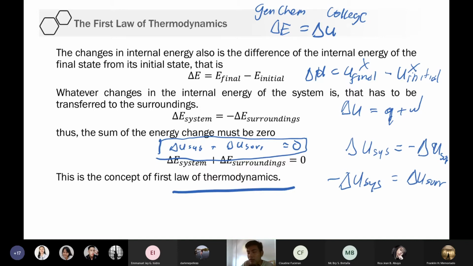No? In any processes, matter cannot be created nor destroyed. In other terms, energy cannot be created nor destroyed. Ito yung formula na yun. Dito yun nakuha. Okay? Ano sabi? It is only transferred from one form to the other. Ito yung equation na yun. Ito yung meaning nun. Okay?